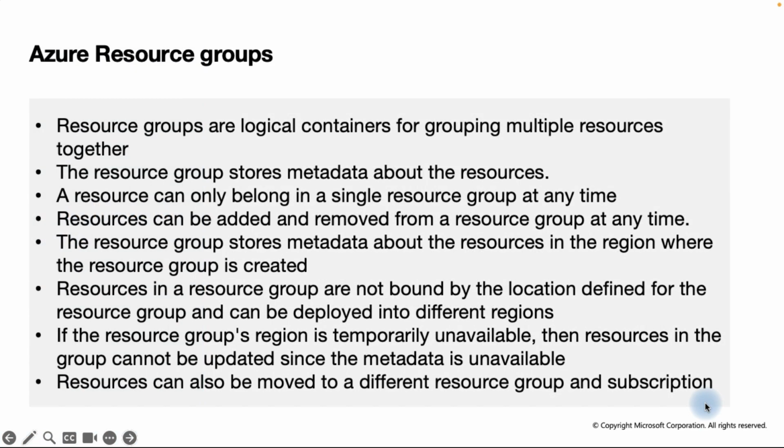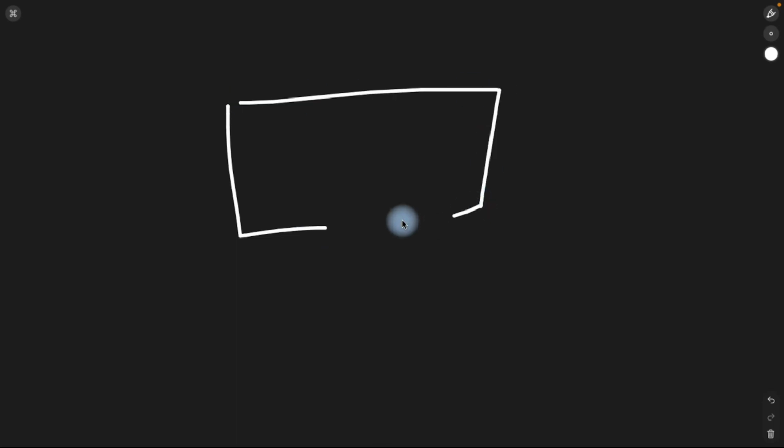So Azure resource group. Resource groups are a logical container for grouping multiple resources together. First I will draw one small diagram, then you can understand easily. So I draw here. This we will call the logical unit, the Azure resource group.